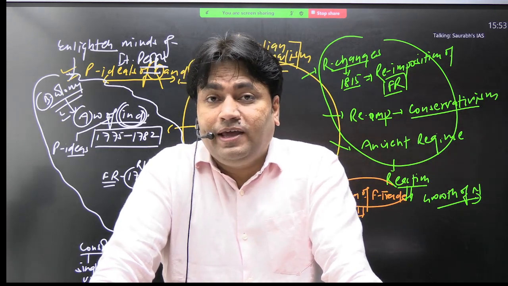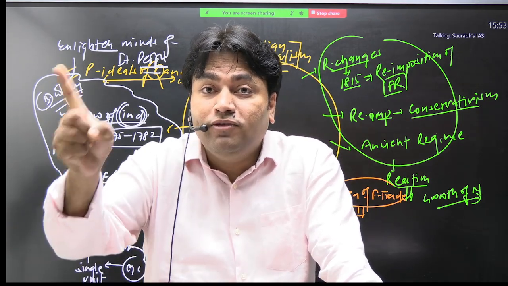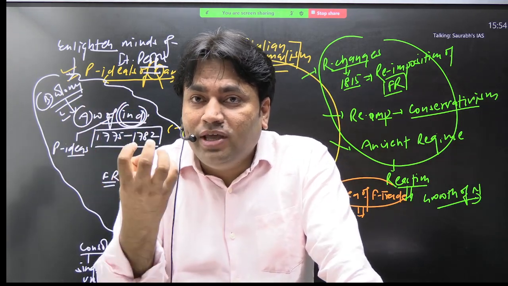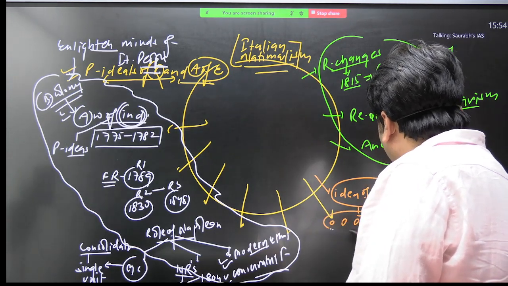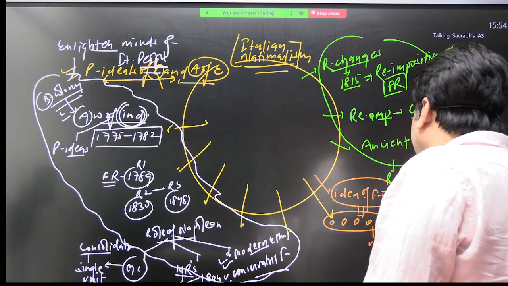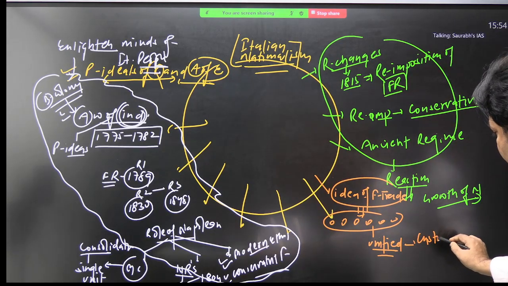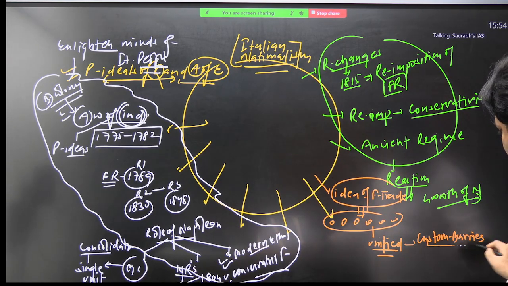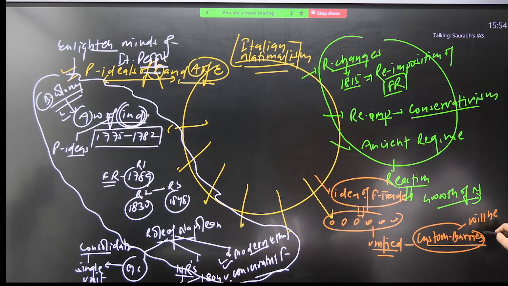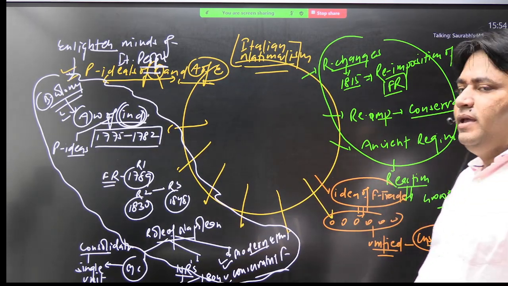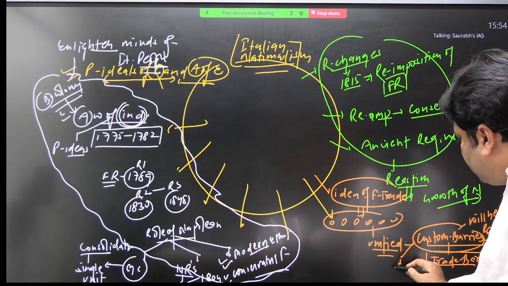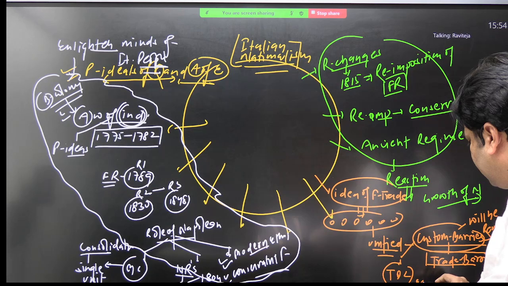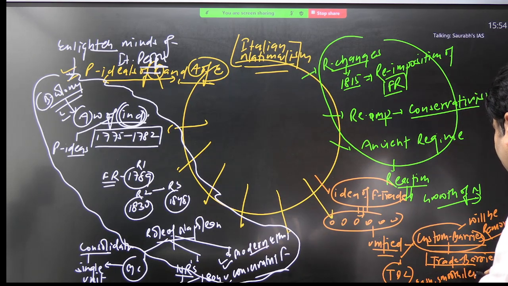Now the people will start thinking, how good it would be if all these territories were unified, then this problem would be finished. So this is also a factor. This is also a kind of economic factor, the idea of free trade. The people started thinking that if all these smaller territories are unified, custom barriers will be removed, trade barriers will be removed, and trade and commerce will become easy, smooth and less expensive.